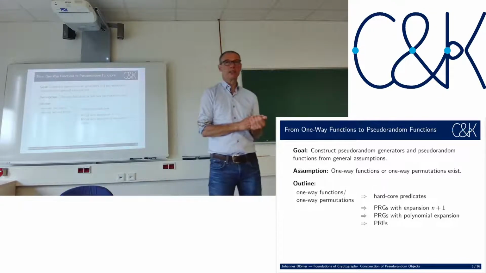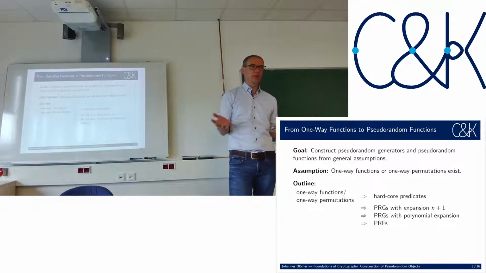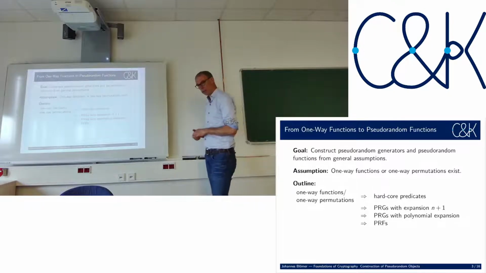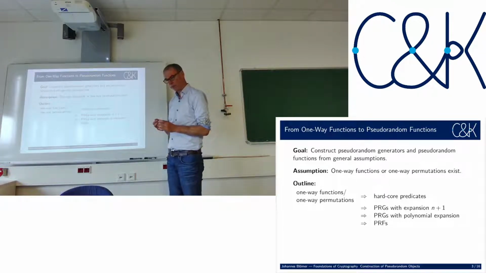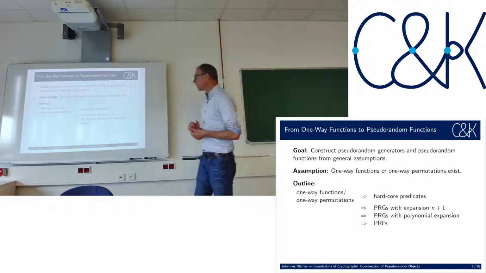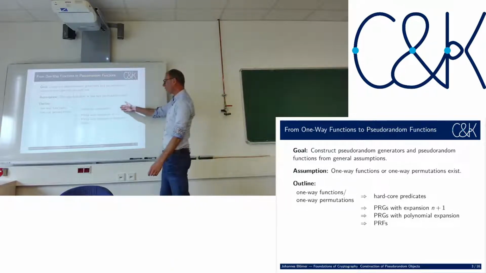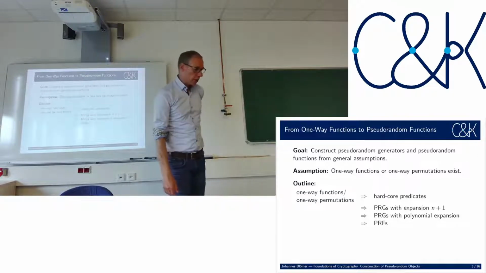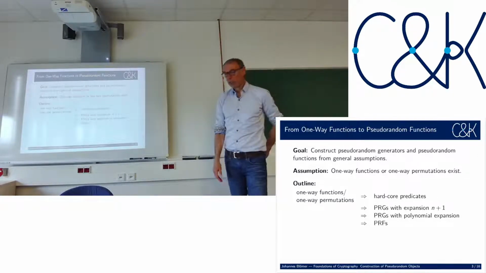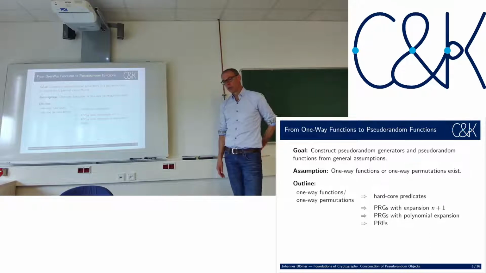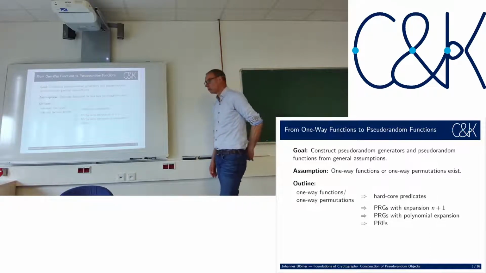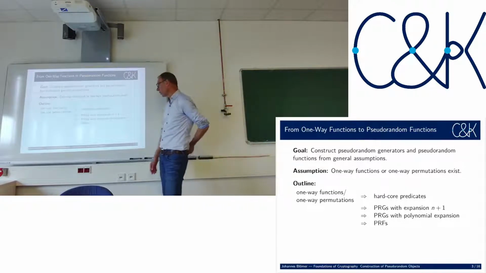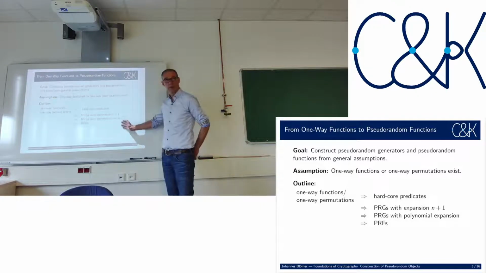The other direction is immediate. Once you have a pseudorandom function, you have a pseudorandom generator. So that's not such a big deal. These 4 steps then show that the existence of one-way functions or one-way permutations is sufficient to construct secure message authentication codes, and to construct CPA or CCA secure symmetric encryption schemes.